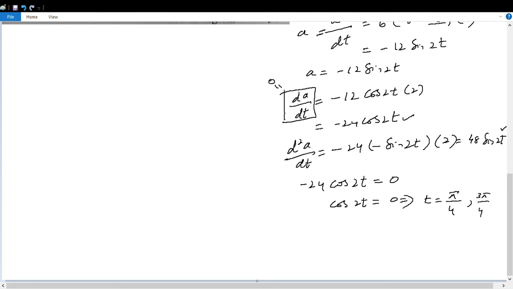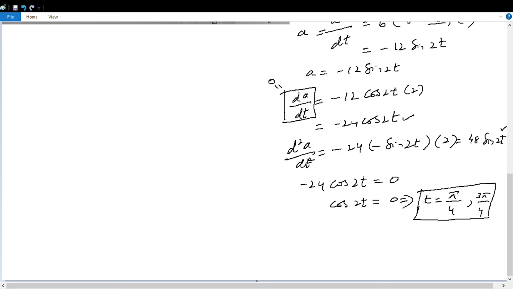Now at these values of t, we check one by one whether this double derivative expression for acceleration is coming out less or greater than 0.